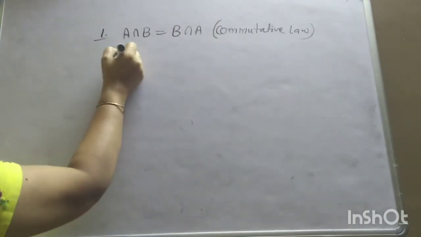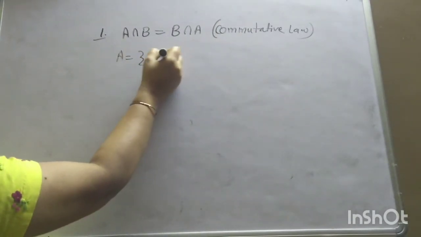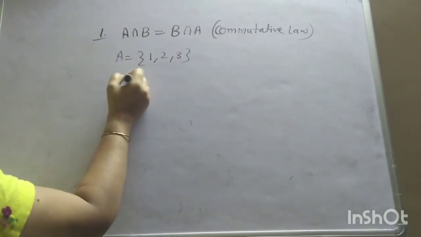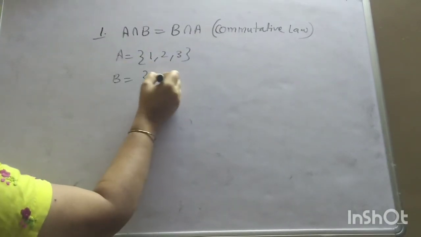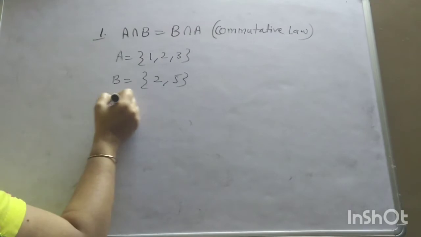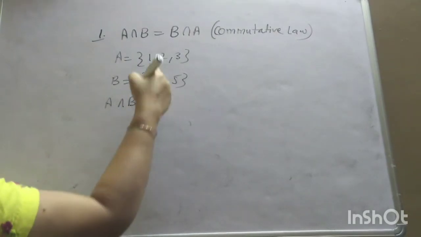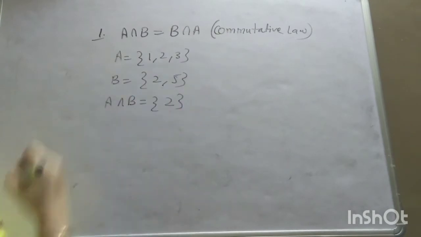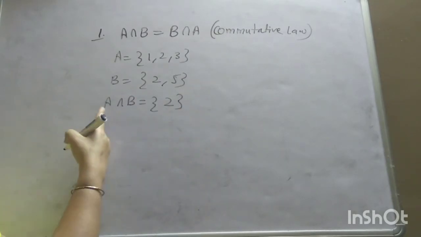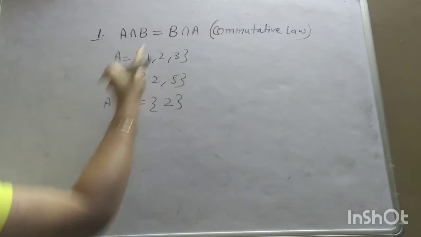For example, A is 1, 2, 3, B is 2, 5. Then what is A intersection B? Intersection means common element. So 2 is the common element. Therefore, A intersection B is 2.